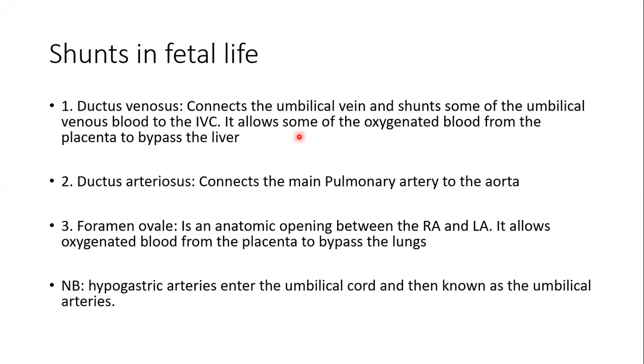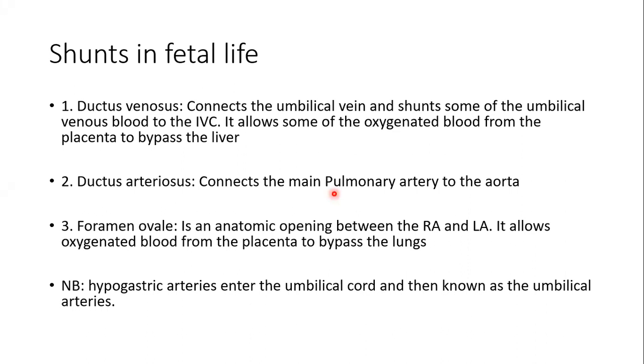The ductus arteriosus, the one I just mentioned, connects the pulmonary artery to the aorta, and it shunts the blood that is destined to the lung into the aorta for continuation of the circulation, since the lung is not participating in respiration at this stage.